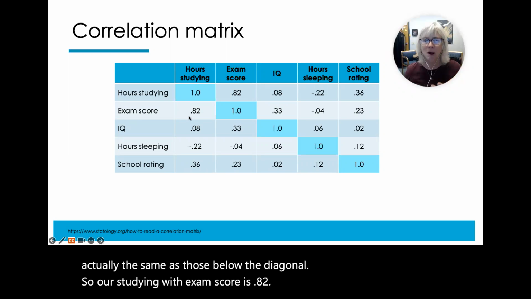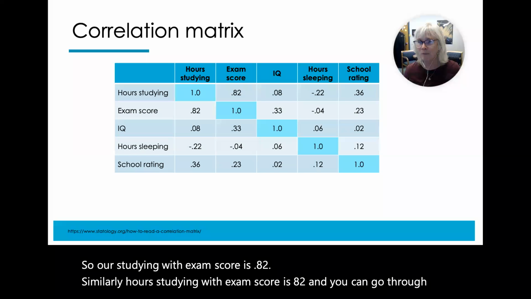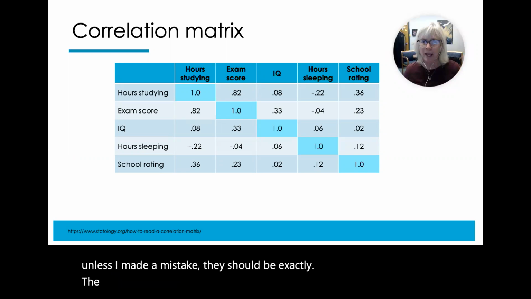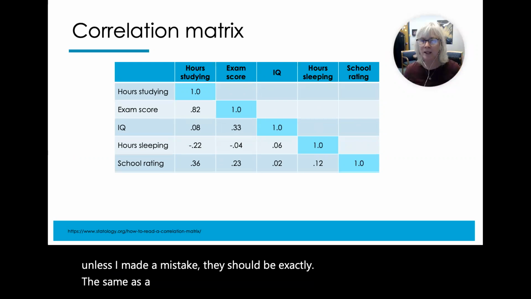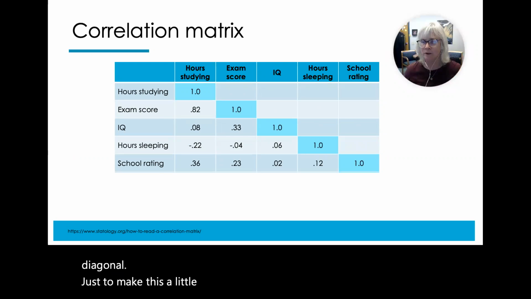Similarly, our exam score with studying is 0.82. And you can go through, and unless I made a mistake, they should be exactly the same. As a result, what we often do is remove the scores above the diagonal, just to make this a little bit easier to understand.